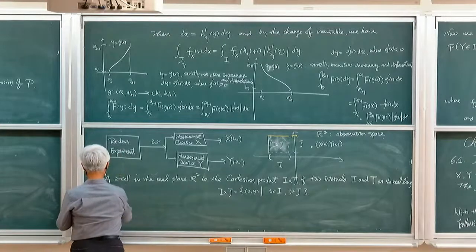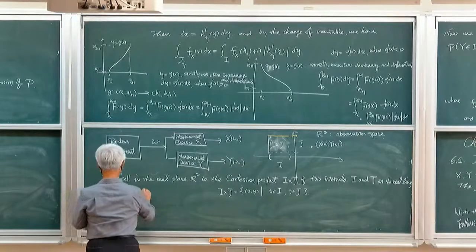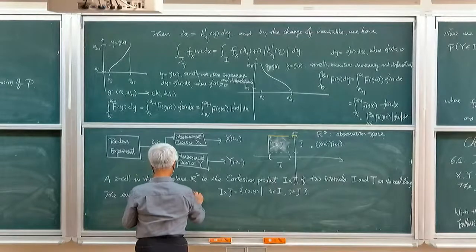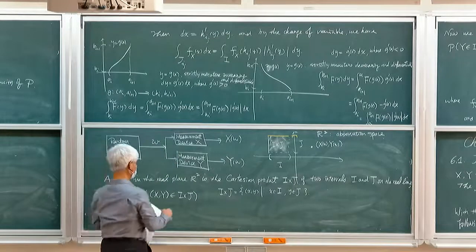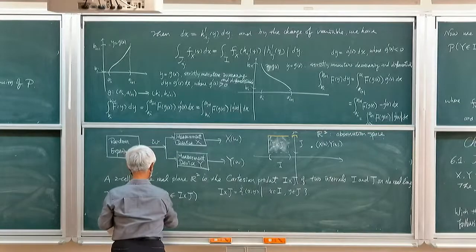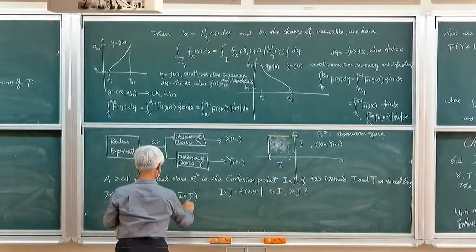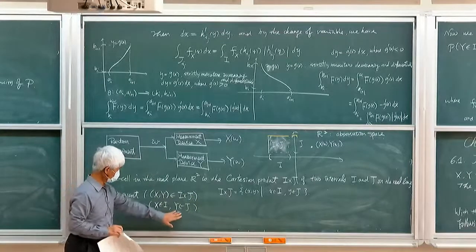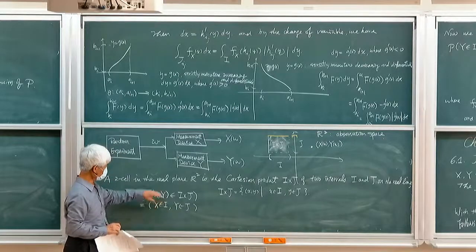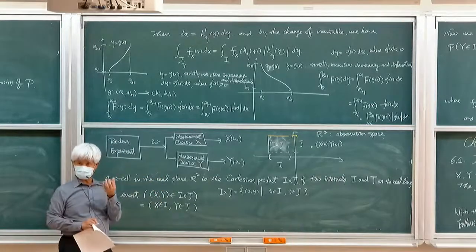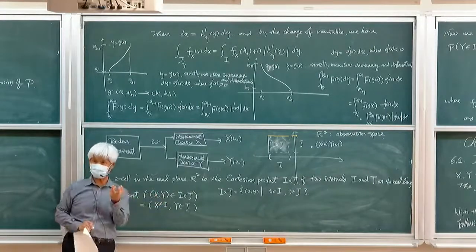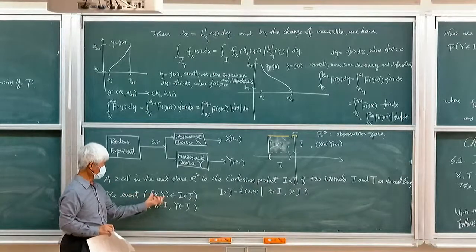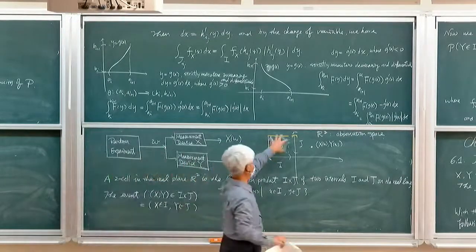So now the event (x, y) in I cross J, okay? Now the event is actually this event. So when we write the joint event like this, it's the same as writing that the pair, now we have a random vector because we put two random variables together. So this is a two-dimensional random vector. This random vector is in the two cell, okay?